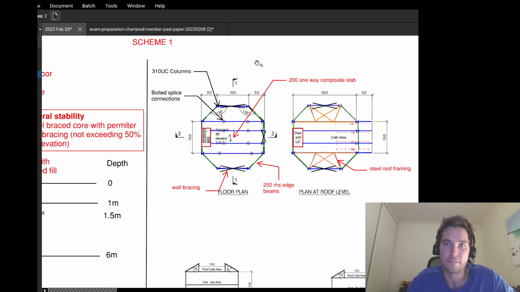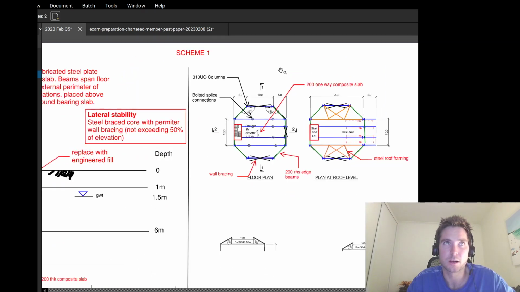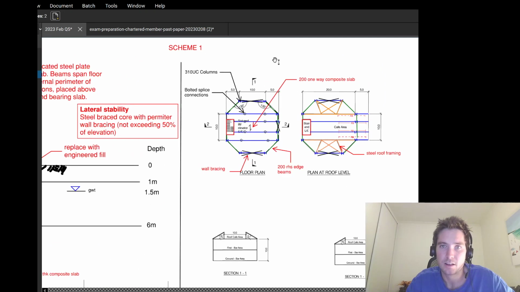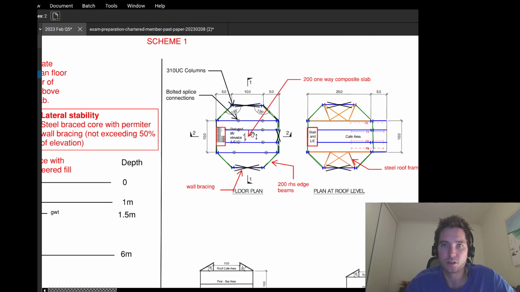My first scheme for this concept is a steel frame building with composite floors. So if you see here, we were told that you can put 1 internal column, but for my first scheme, I decided that wasn't actually necessary.